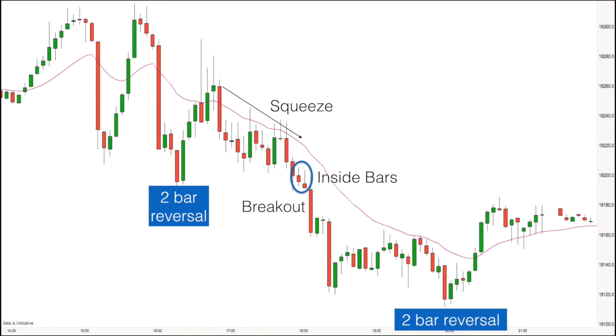So you've got a double bottom with a lower low, and you've got a 2-bar reversal, and you could take the trade up into the close, and the market did go up into the close, crossed over the 20 EMA and zoomed up the other side. And that was our trading day.